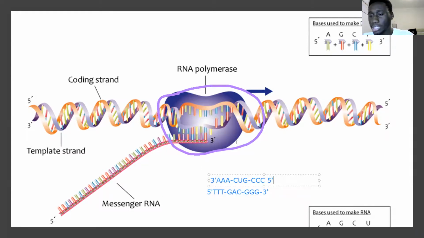So it keeps making it, and the RNA polymerase keeps moving on the DNA double helix, right? It keeps moving on it, keeps moving on it. So that's what it is for the elongation part of transcription.